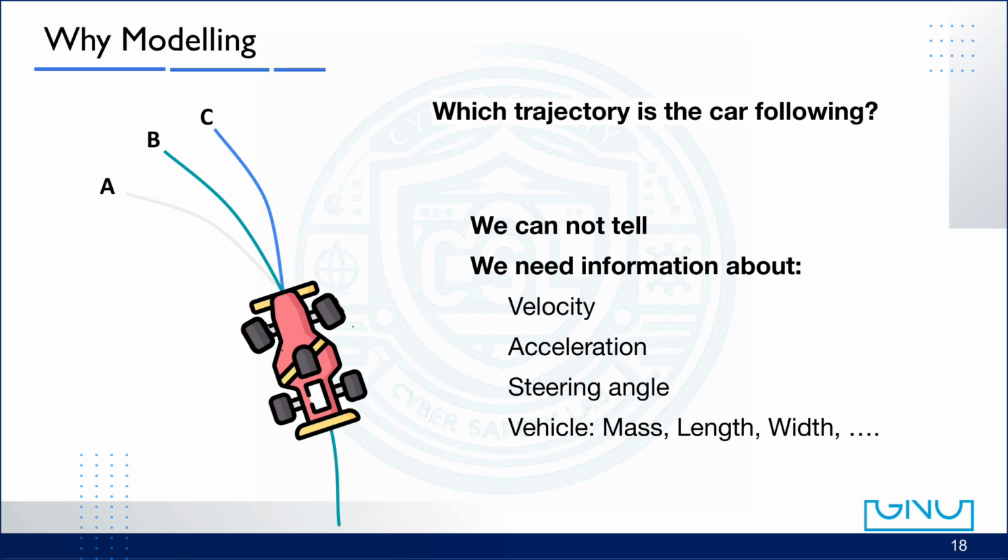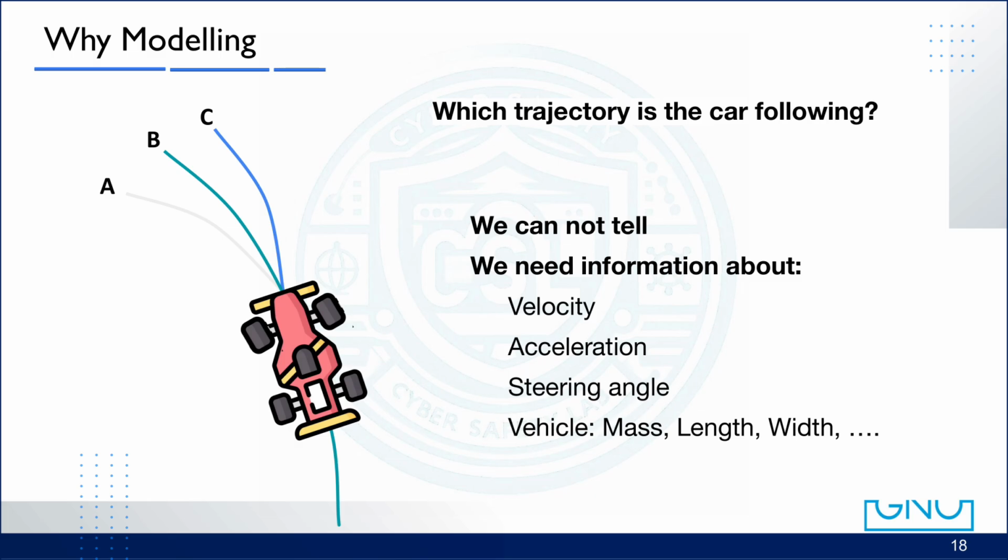Let's start with a simple question. Which trajectory is the car following, A, B, or C? At first glance, it looks like the car might be following path B. But actually, we cannot be sure just by looking at its position. To know exactly which trajectory the car is following, we need more information, such as its velocity, acceleration, and steering angle.